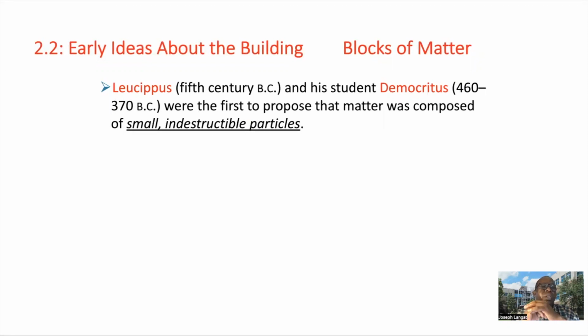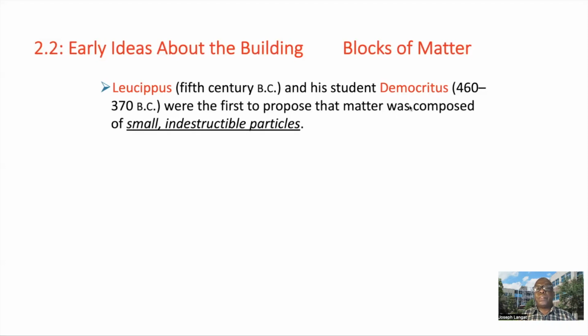And these two gentlemen invented the atomic theory. That is way back before Jesus Christ was born, that means BC. They were the first to propose that matter was composed of small, indestructible particles, and these particles are what we call atoms. I've highlighted their names so that you draw the parallel.